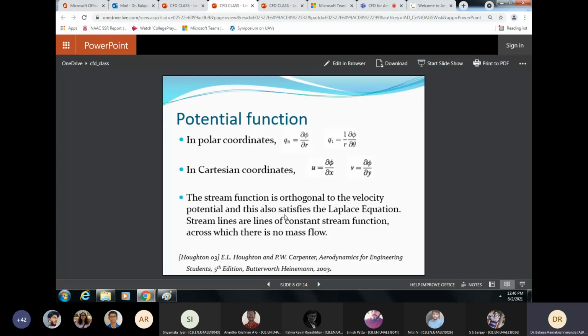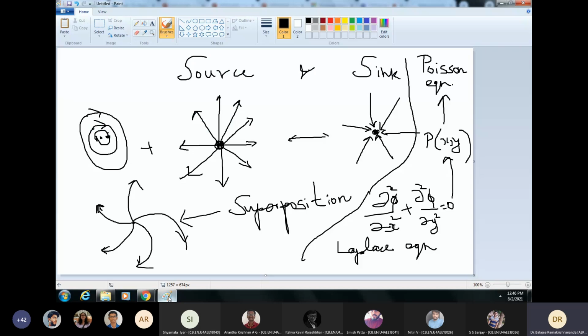The stream function is orthogonal to the velocity potential, which means at every point it's at right angles. To tell you, if this is called a stream function of this flow, then at every point the potential will be orthogonal to it. This may be a potential function phi, it will look like this.